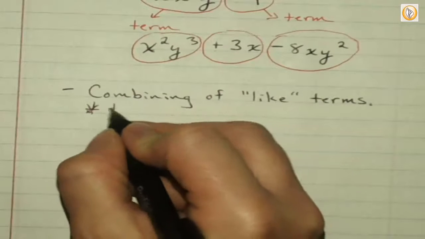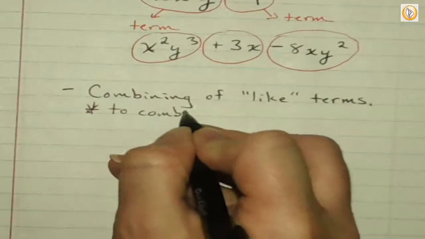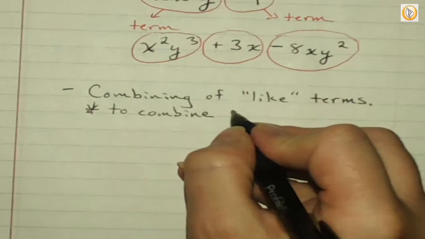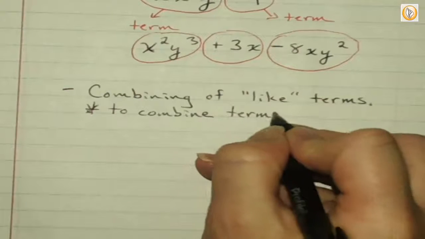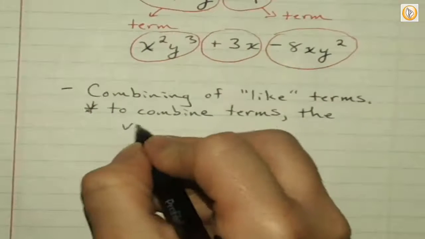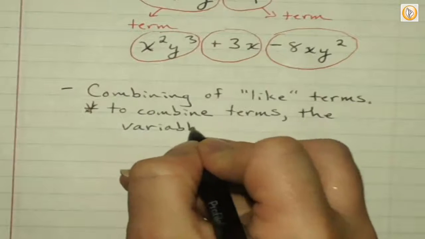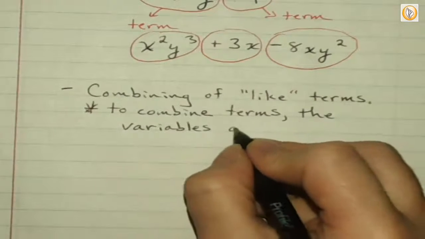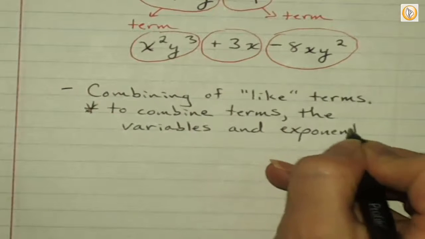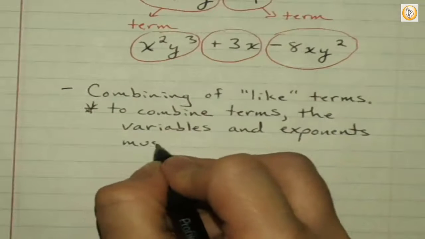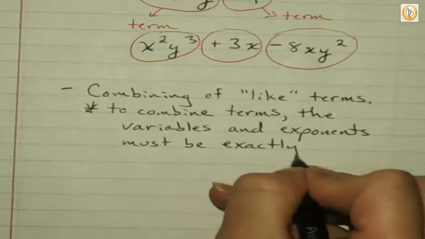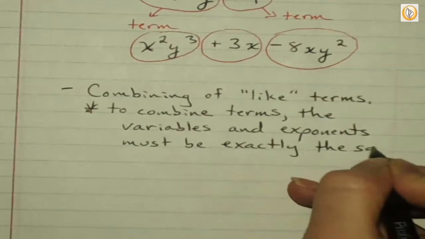All right. To combine terms, the variables and exponents must be exactly the same.